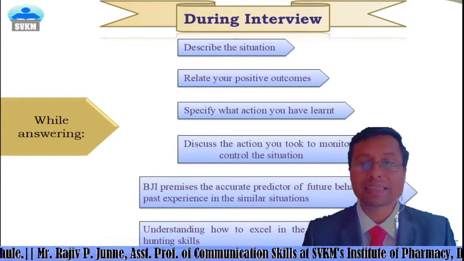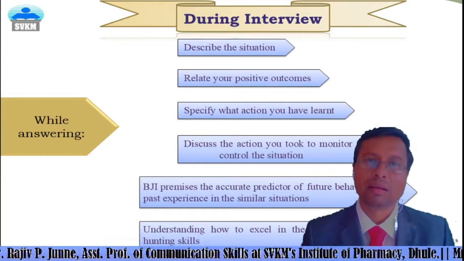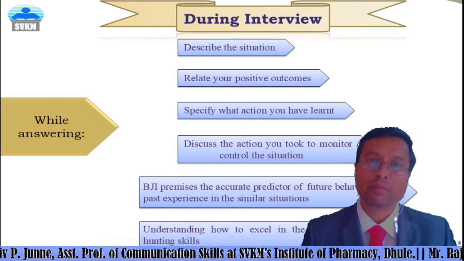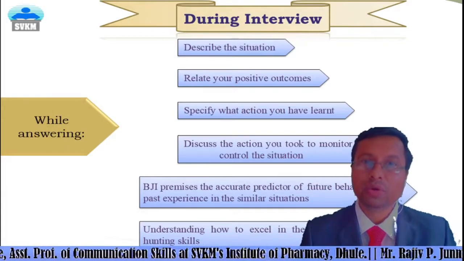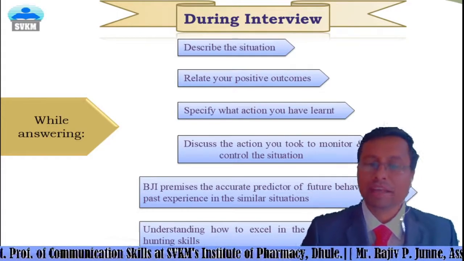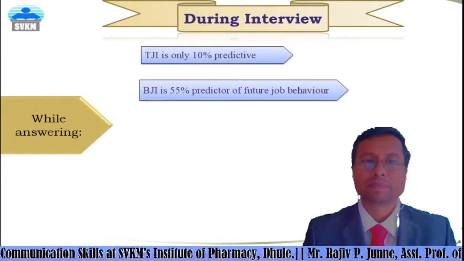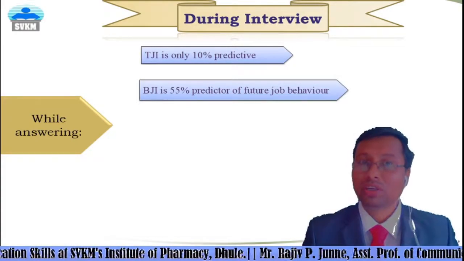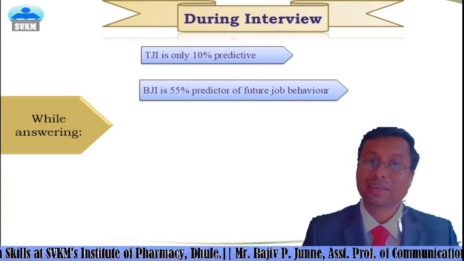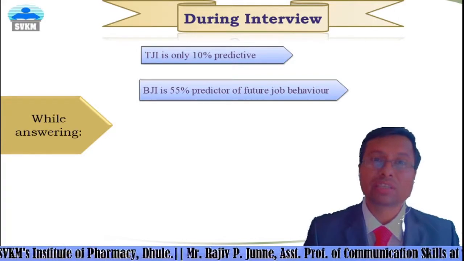Understanding how to excel in interview is the crucial job hunting skill. And friends, if you remember these two techniques, that is behavioral job interview and traditional job interview, then definitely your success can be there. TJI is only 10% predictive. Why? Now TJI is obsolete. Why is TJI outdated in modern context? Why is it not relevant?